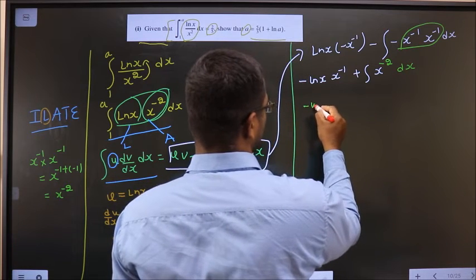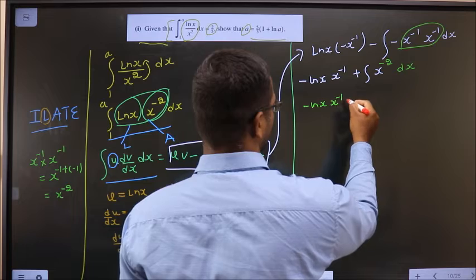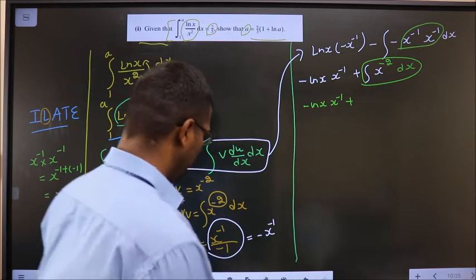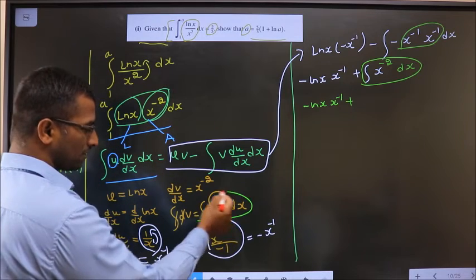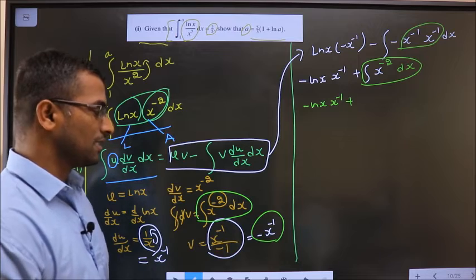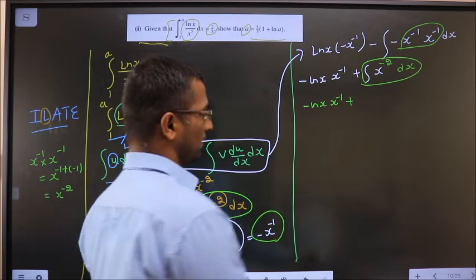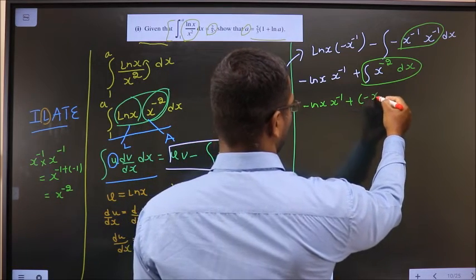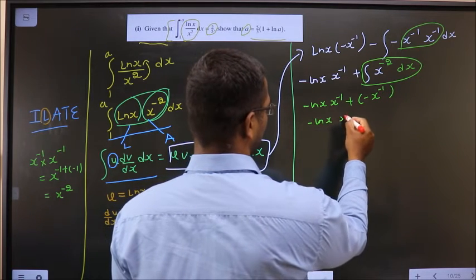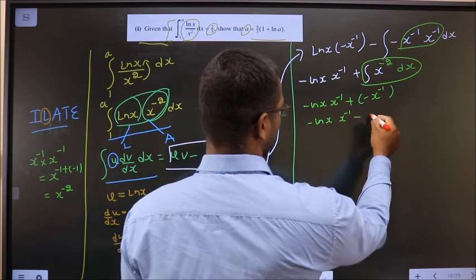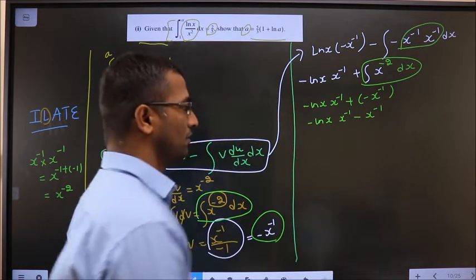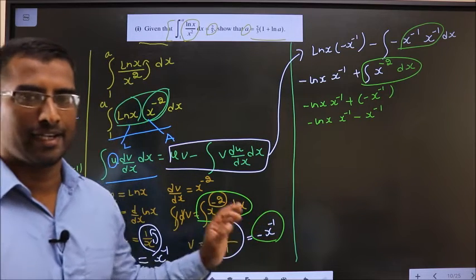Now minus ln x power minus 1 plus, what is the integration of x power minus 2? We already did it here. I'll directly make use of the result, that is minus x power minus 1. So that is minus ln x power minus 1, here plus minus minus. Now we have integrated it.